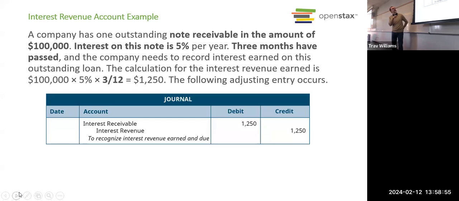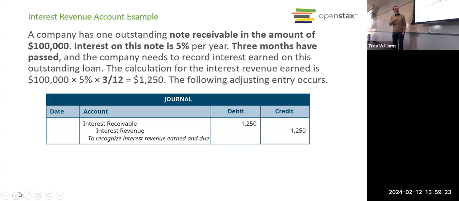So now on top of the $100,000 that the borrower owes us, there's also interest receivable of $1,250. So we have a note receivable for the original amount and interest receivable that we also can expect to receive payment for. And because the time has already passed, this is for 3 months that have already gone by.